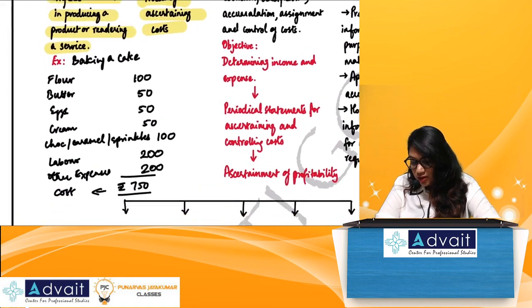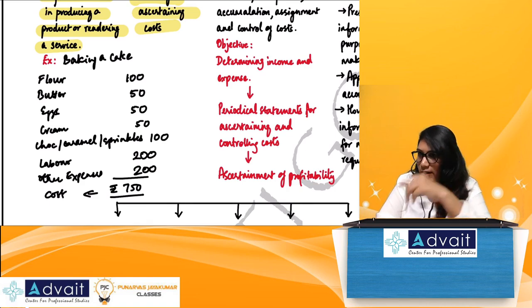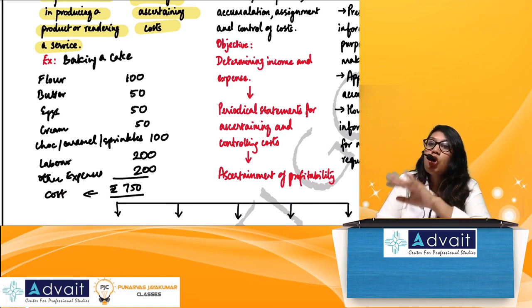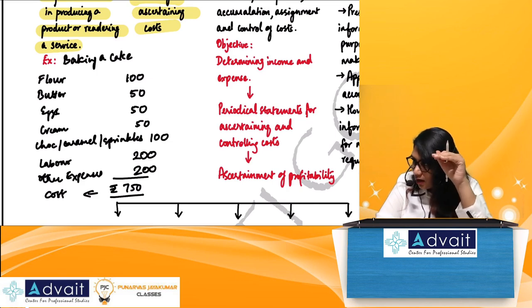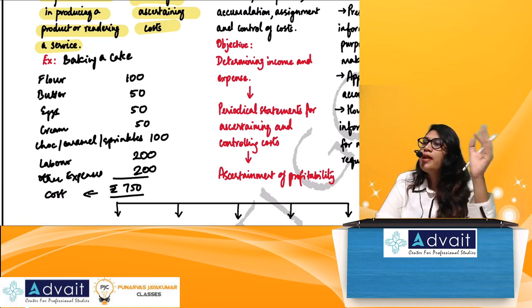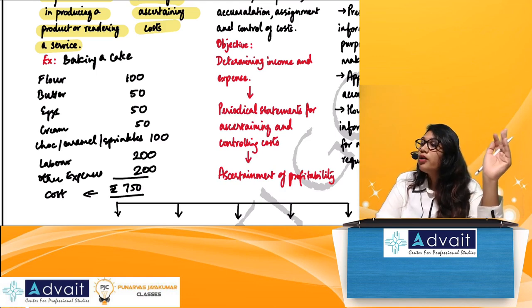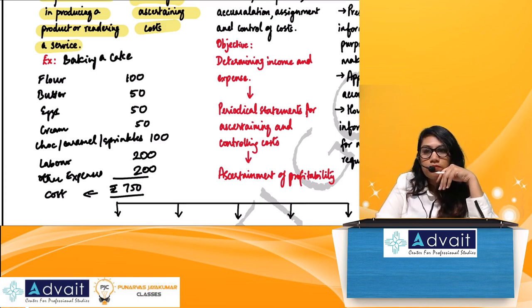Now imagine here in my example, when we baked a cake, we were just one person baking one cake. Now you think of it as an organization, a bakery which bakes cakes in and out. Correct? So imagine they are baking 200 units, 300 units in a day.